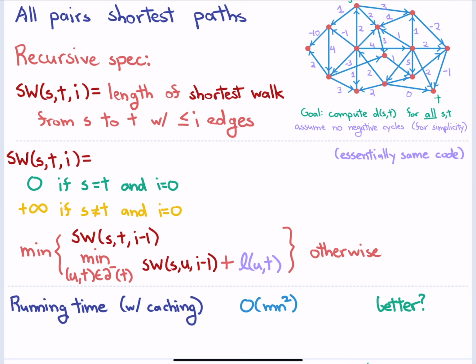I'm claiming you can figure out how to do 4 using 2, so to speak. So if you computed all the values for i equals 1, you've computed all the values for i equals 2, we're skipping 3, trying to figure out i equals 4. I'm claiming it's possible.